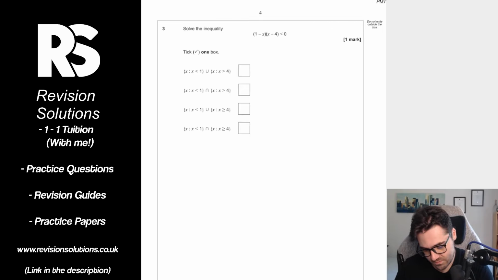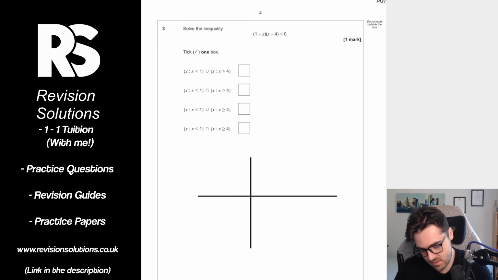Moving on to question 3, it says solve the inequality (1 − x)(x − 4) < 0. To solve an inequality, I'll always draw myself a little sketch. This quadratic is going to have a root at x = 1 and x = 4. And importantly, because of this minus x here, it's going to be a negative quadratic. It's going to look like this. And we're interested in where it's specifically less than 0.